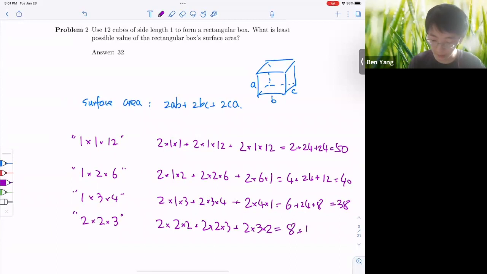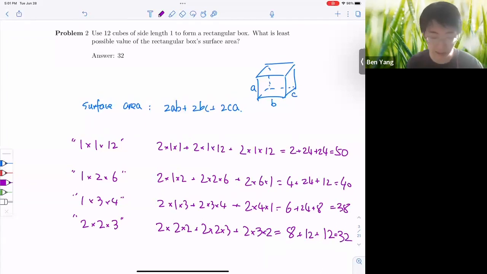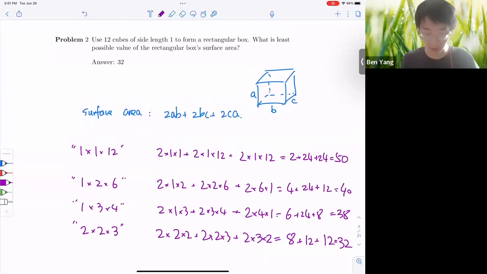So that's 8 plus 12 plus 12, and that's 32. I guess it makes sense. The more our rectangular box looks like a cube, the smaller its surface area will be. So yeah, the answer is 32.